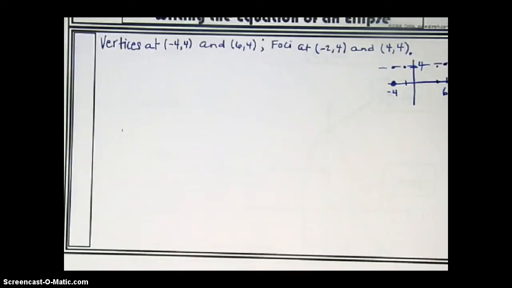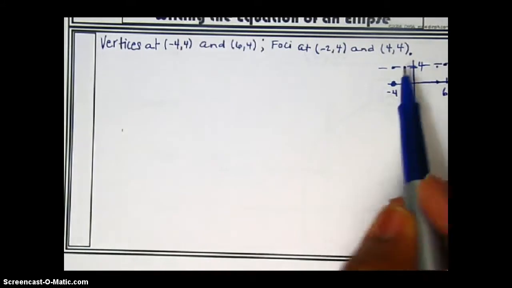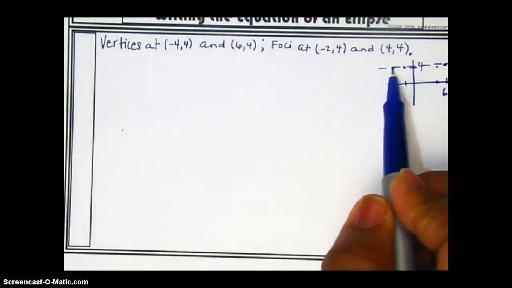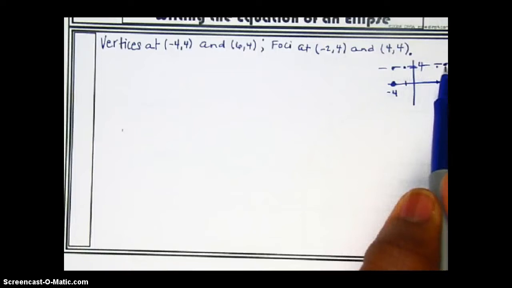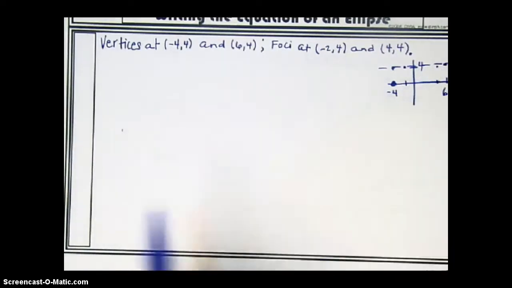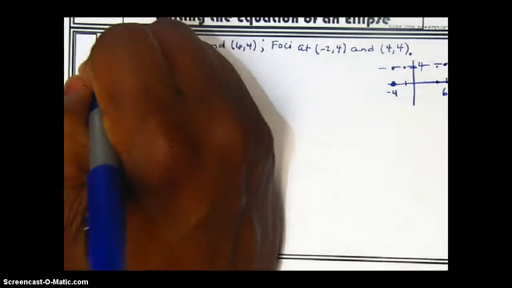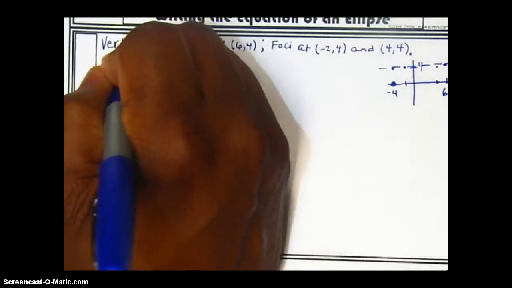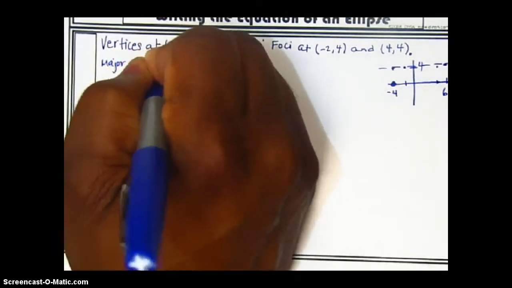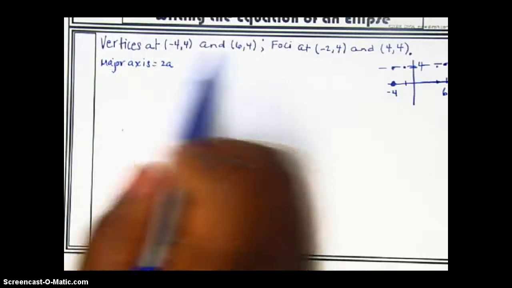Now I need to know the length of a. You can do that in a couple of different ways. I'm going to show you using the distance formula, that we can find the distance from one vertex to the other, which will give us 2a, and then if I take half of that, I'll have the value of a. So for the major axis, it has a length of 2a from vertex to vertex.